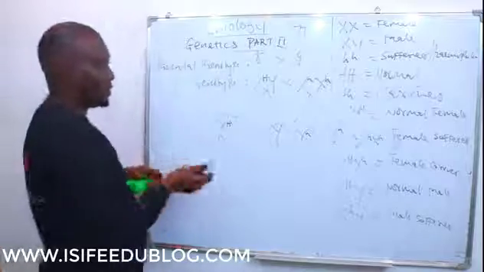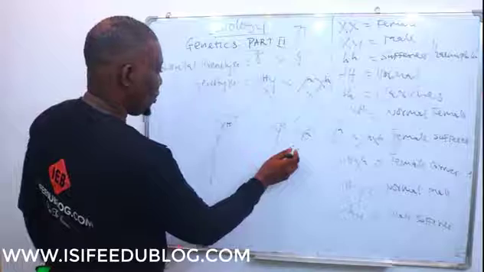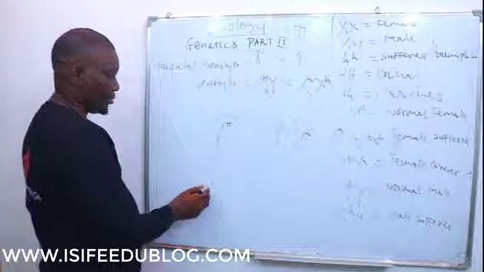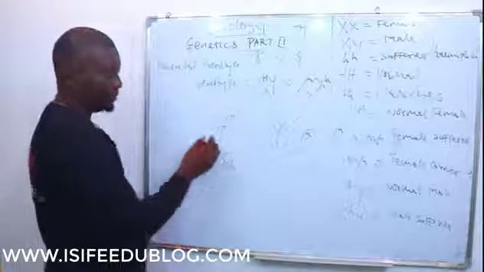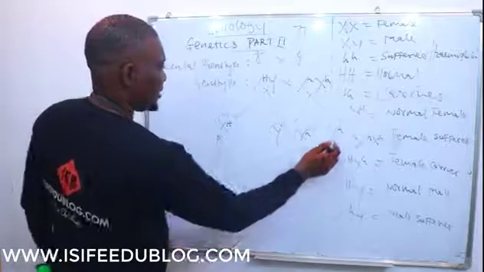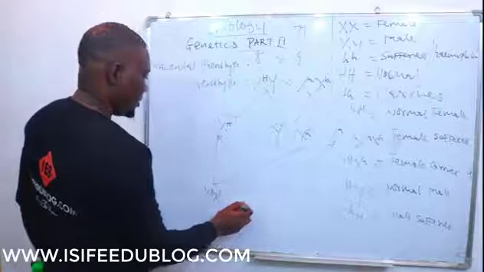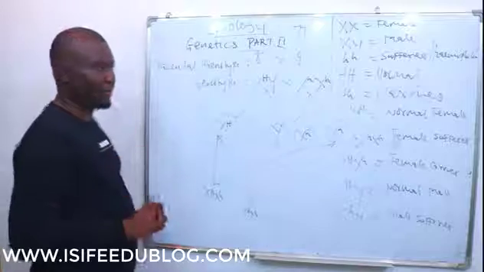In the first cross, this woman will infect the daughter, because the daughter will be a carrier. In the second cross, this same woman again infects the daughter, so a carrier.